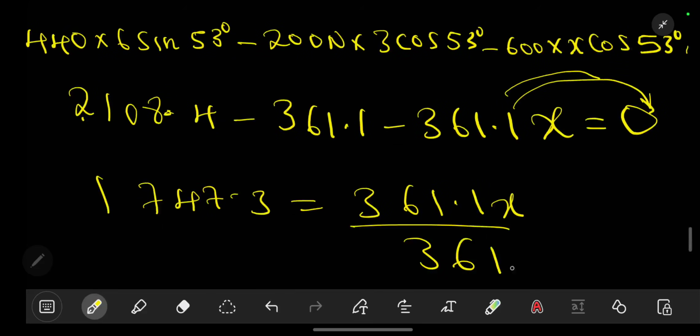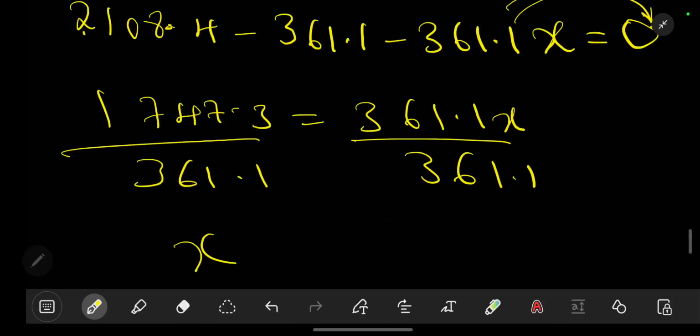We divide, we are going to get our x should be equal to, so divided by 361.1, we are going to have our x is equal to 4.84 meters. So that is how we solve that question. Let's move on to our next question.